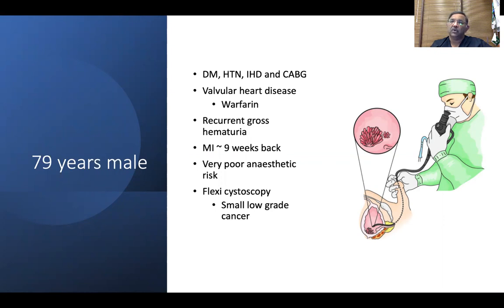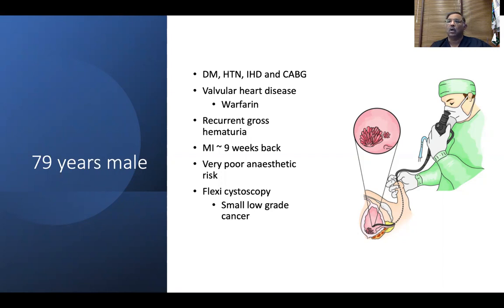Now, because of all his comorbidities and the cardiologist recommending not to stop the anticoagulants at all because of a high risk of peri-operative MI, this patient underwent only a flexible cystoscopy with a little sampling of the tumor.